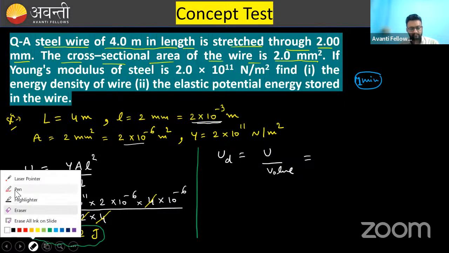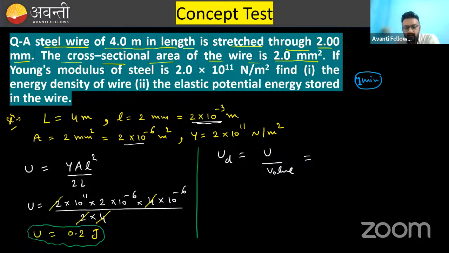Energy per unit volume. So energy is 0.2. Volume is A into L. Now again place the values.